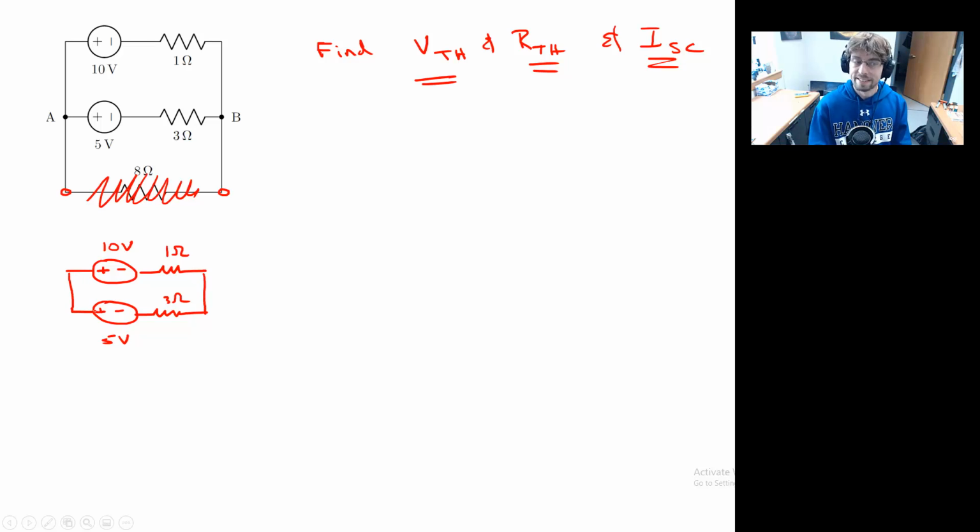And we're done, right? There's a break, so we don't have to worry about that lower connection. So what's VTH? I assume you have it.